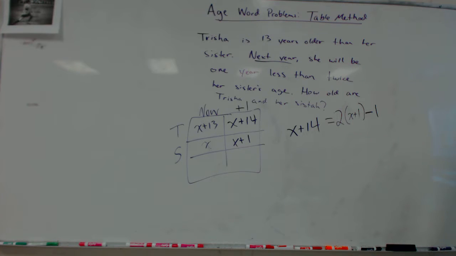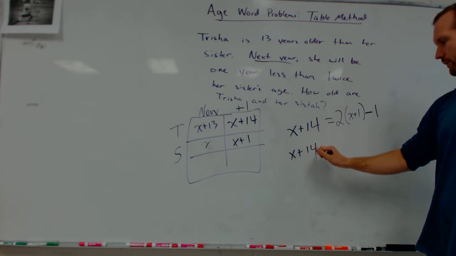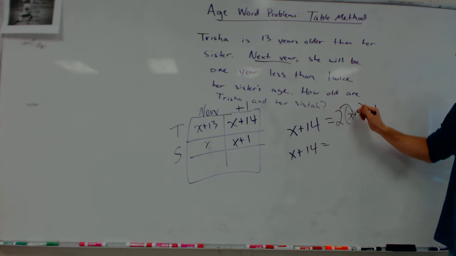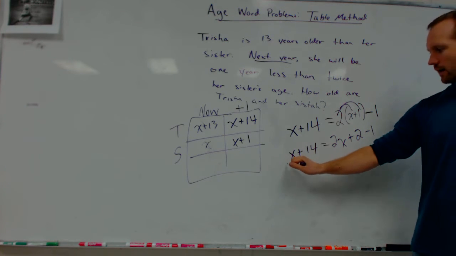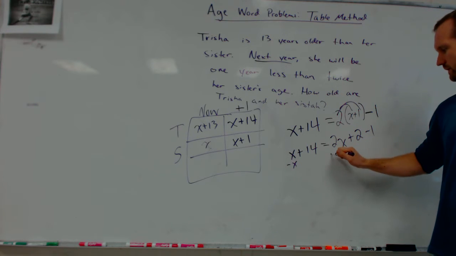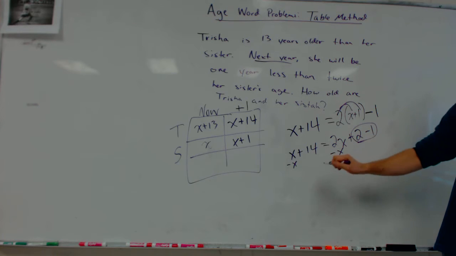Now I can solve it. So X plus 14 has to equal 2X plus 2 minus 1. I would subtract X from both sides, and I would also combine these two like terms.